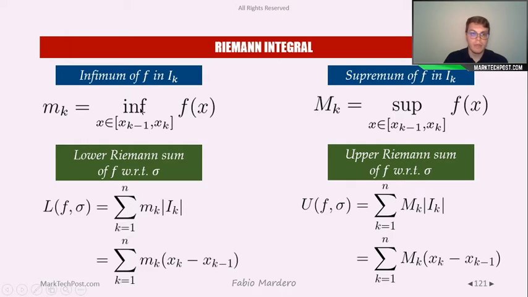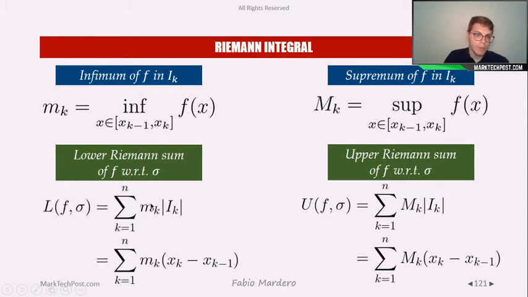Now, from the infimum, we define the lower Riemann sum of f with respect to sigma, our partition, and from the supremum of f with respect to that interval, we define the upper Riemann sum.